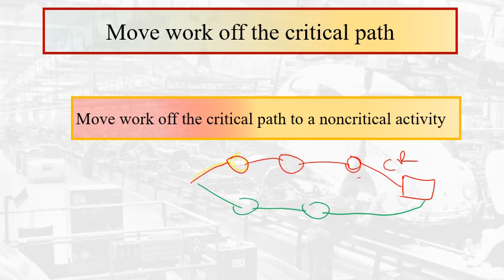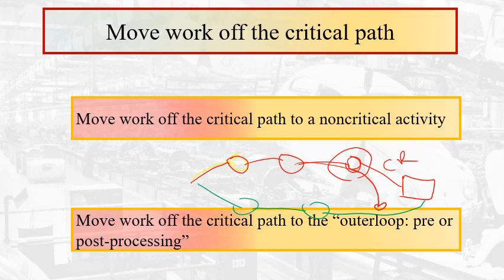So maybe we could take one of these activities and move it to the green path where it's not critical, and what we're doing is shortening this path. Or maybe we could move some of the work in that activity to another path, so it's done in parallel. By doing so, we'll be reducing the critical path.